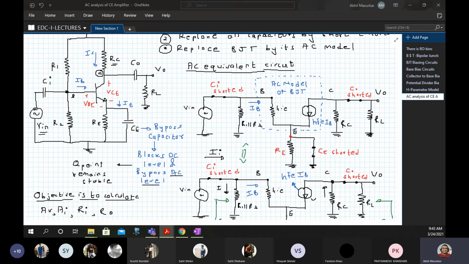Okay, so AC analysis first we did without RL, now with RL.